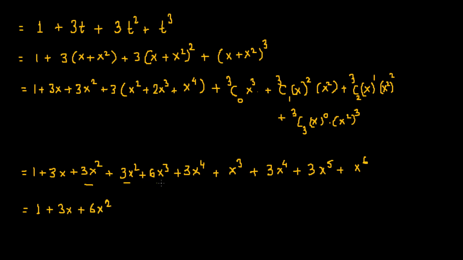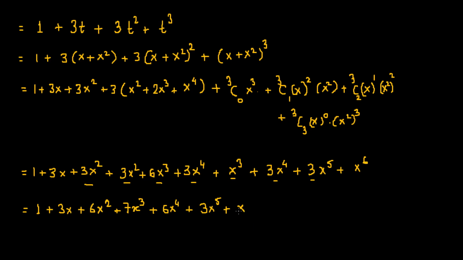Then x cubed, okay, we have 2x cubed terms, 6 and 1, so that would give us 7x cubed. Then moving on to x raised to the power of 4, so 1 and 2 and 3, so this would give us 6x raised to the power of 4 plus fifth power of x, there's only 1, I can't see anything else. Okay, 3x raised to the power of 5, and the final one is x raised to the power of 6.